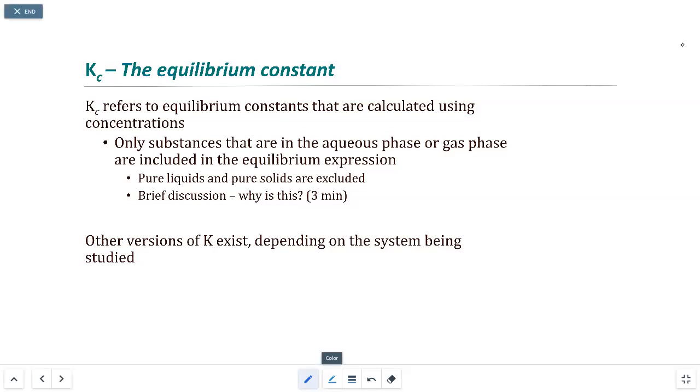Some important things to know, though. We're going to reinforce this when we talk about heterogeneous equilibrium, but it's worth saying first time now. In order to be included in the equilibrium expression, we have to have something that we can actually calculate the concentration of.